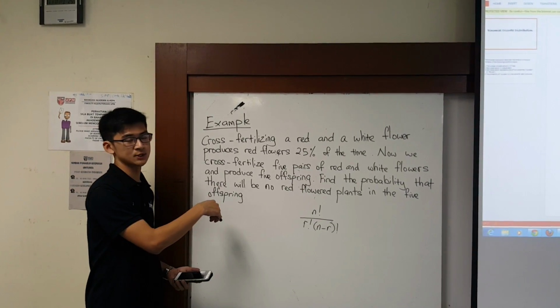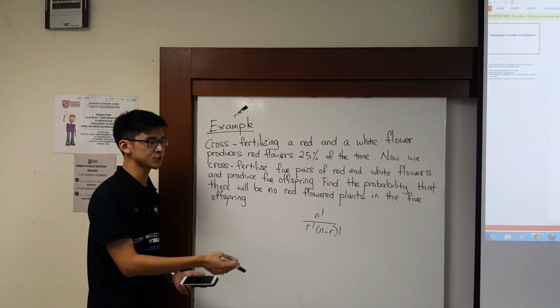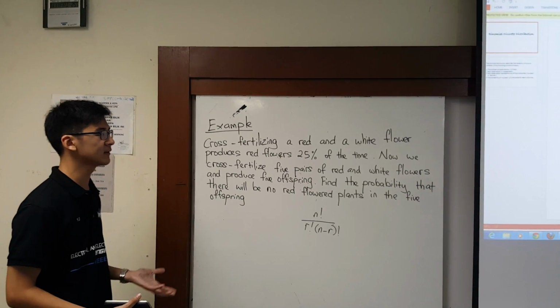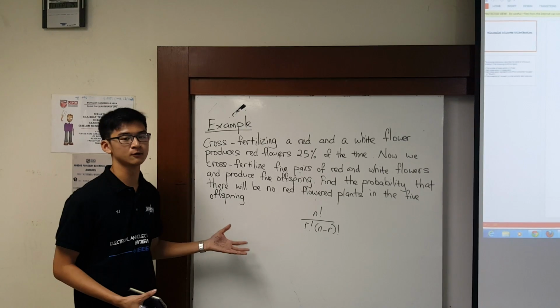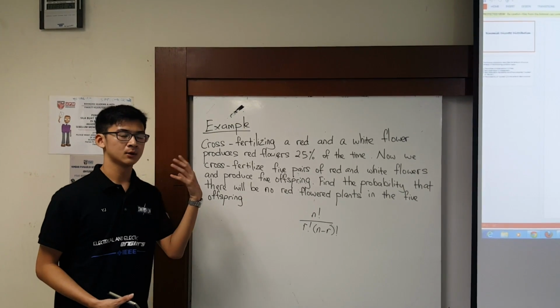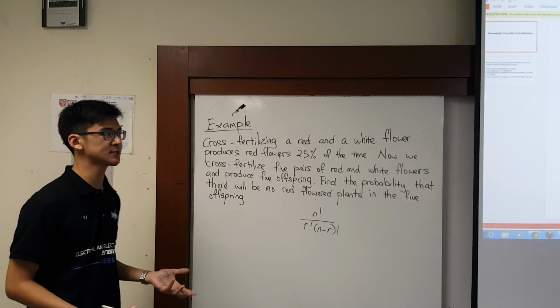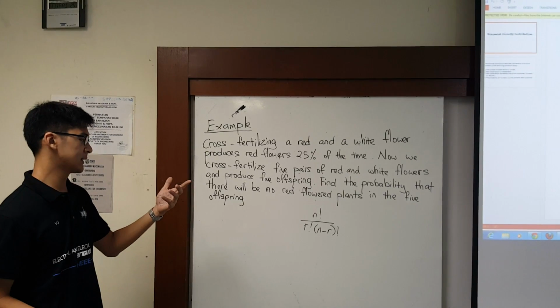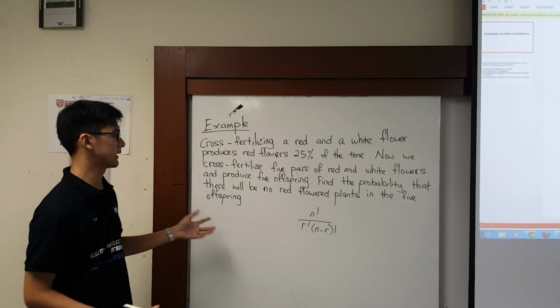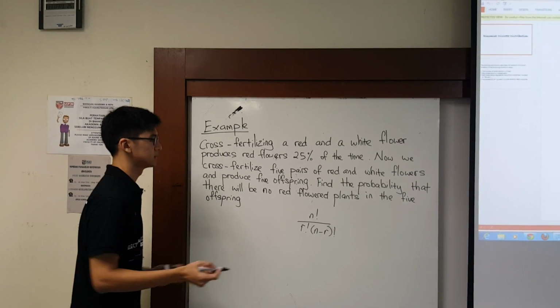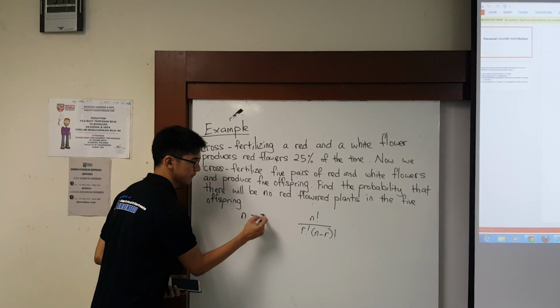As we read this question, we know that it fulfills the conditions that were discussed in the introduction just now. There is a fixed number n, which here is equal to 5.